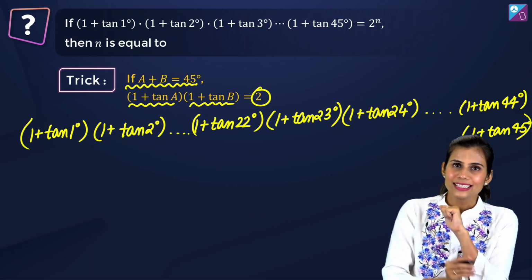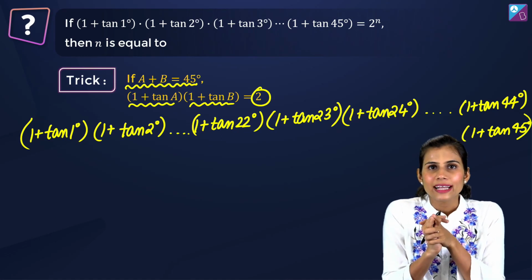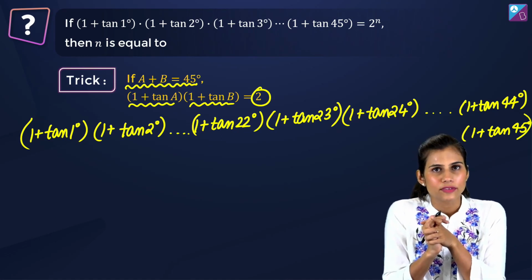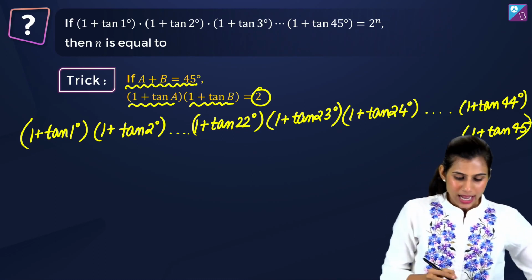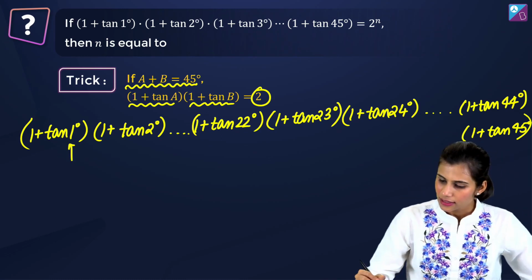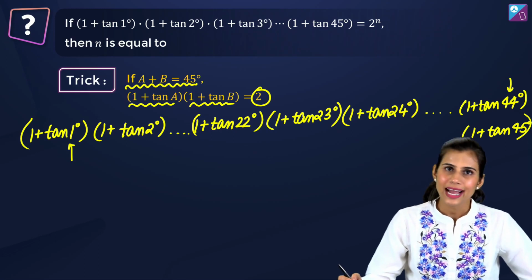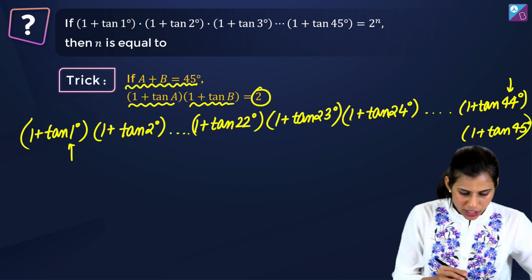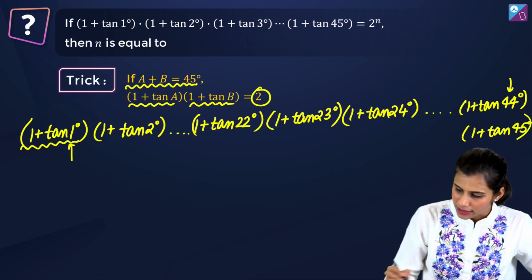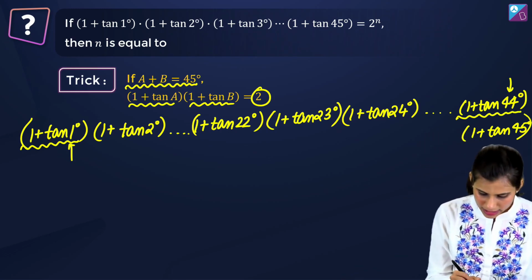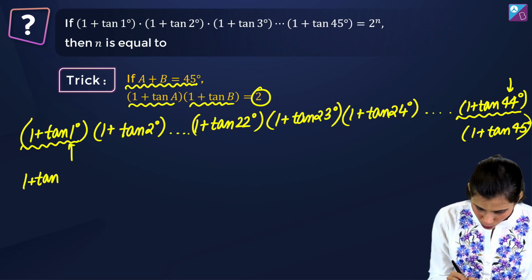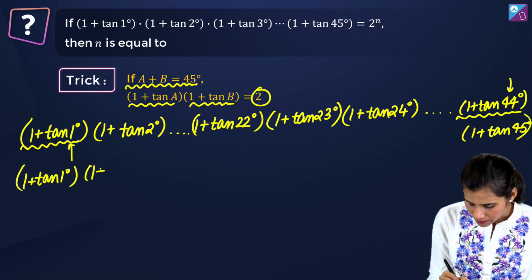Here, let's try to make pairs of angles whose sum is 45 degrees and see if this result can somehow come into action. I know 1 degree and 44 degree. They will add up to give me 45. So you have 1 plus tan 1 into 1 plus tan 44.